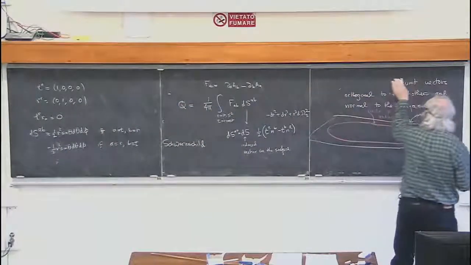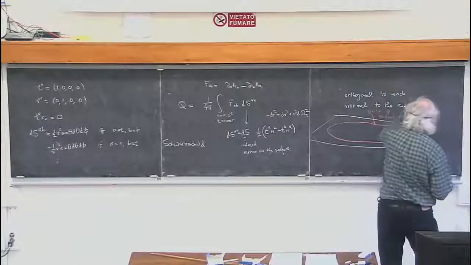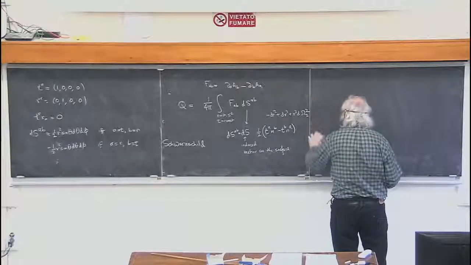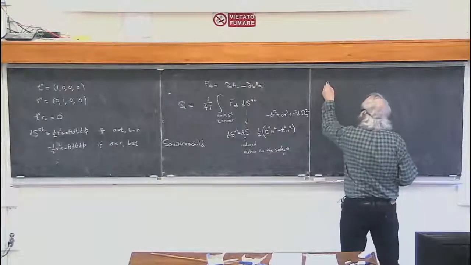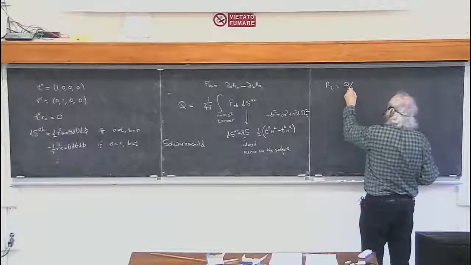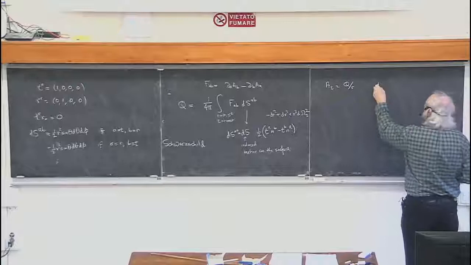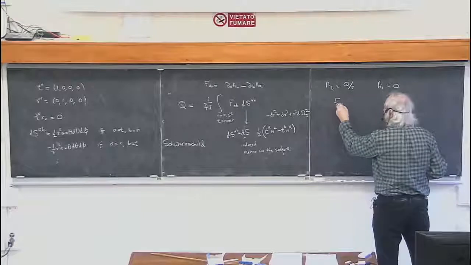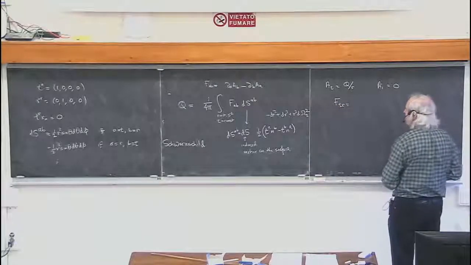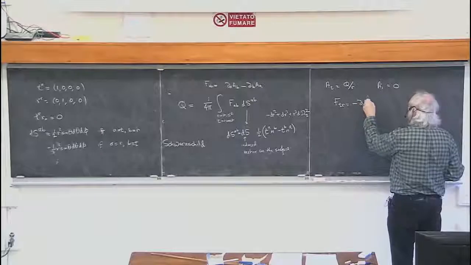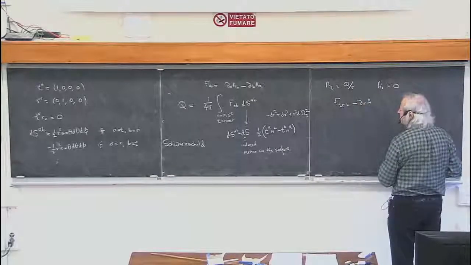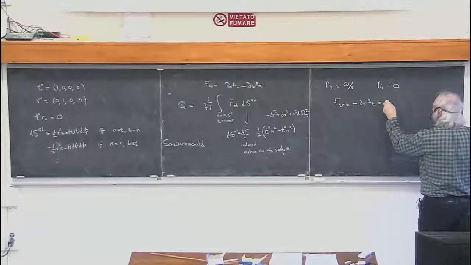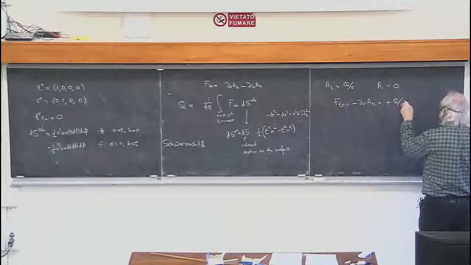F_tr, well, A_t I said was Q over r. Sorry, Q over r. The other components vanished. So F_tr is equal to minus d_r of A_t, which is equal to plus Q over r squared.